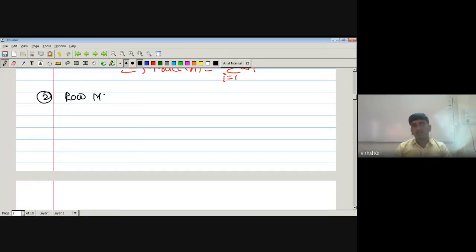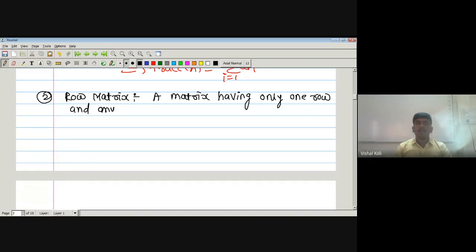Row matrix. A matrix having only one row and any number of columns is called a row matrix.